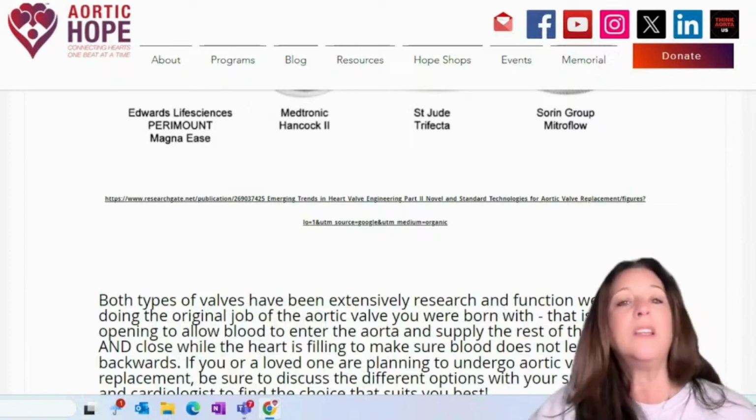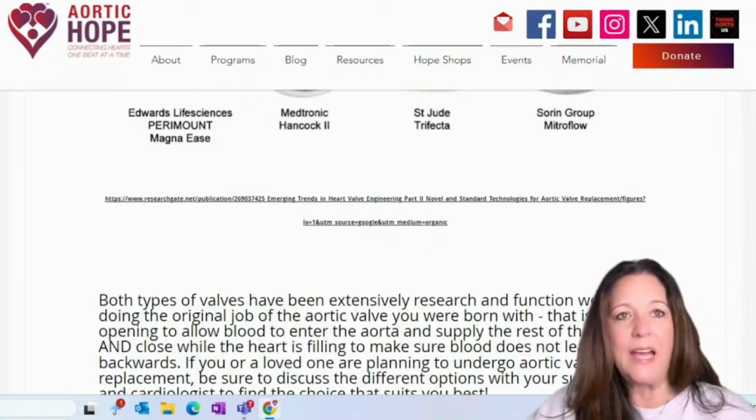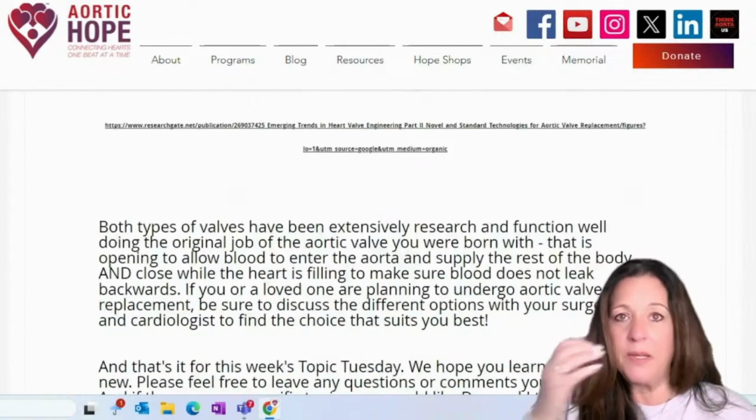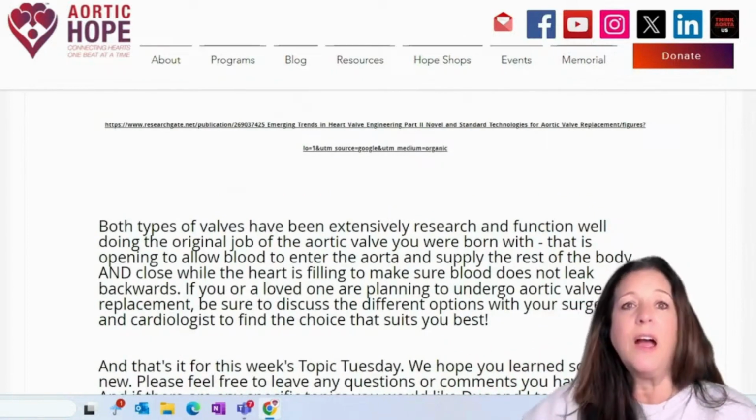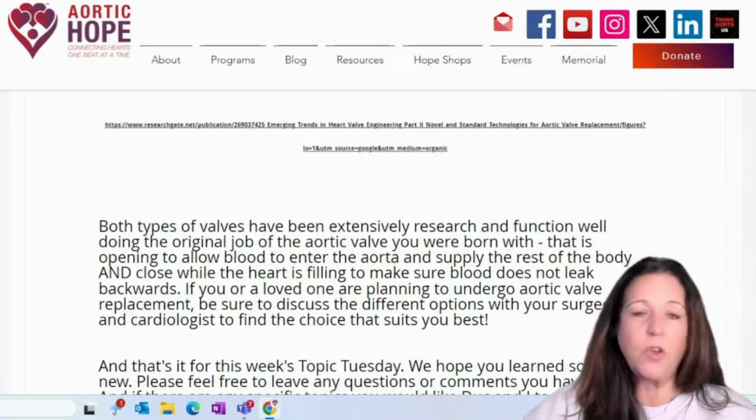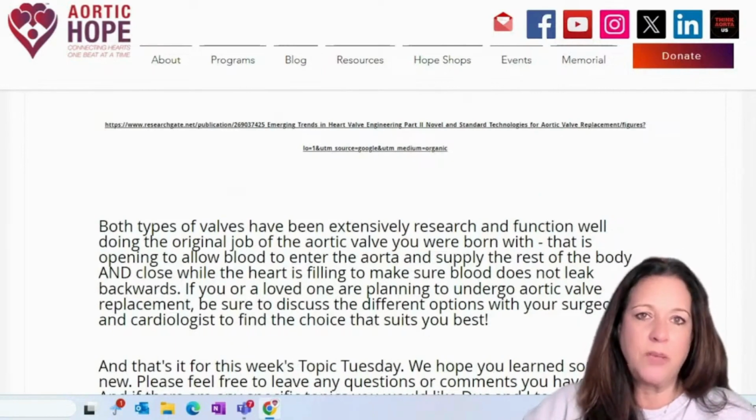If you or a loved one are planning to have aortic valve replacement, you really have to discuss these different options amongst yourselves, and with your surgeon and your cardiologist, to figure out which option is going to be the best for you.